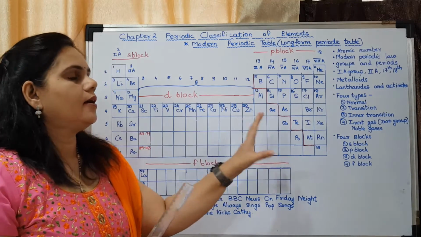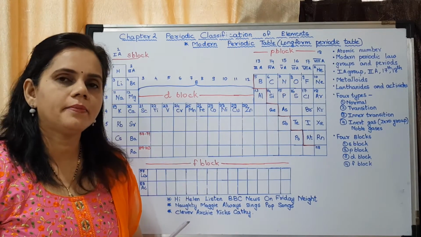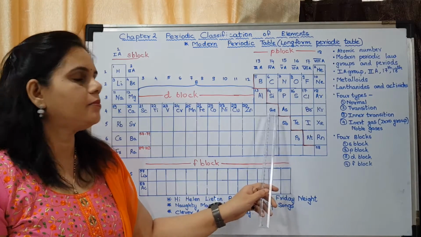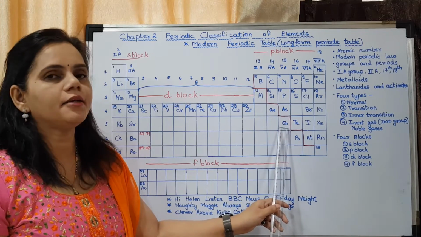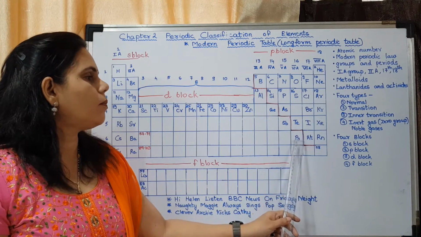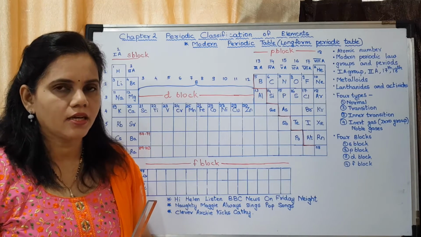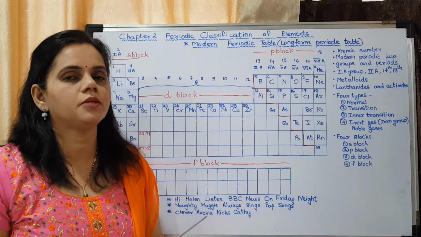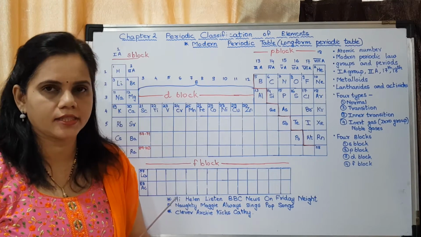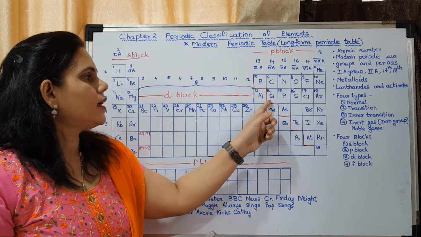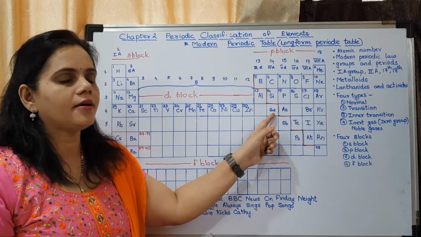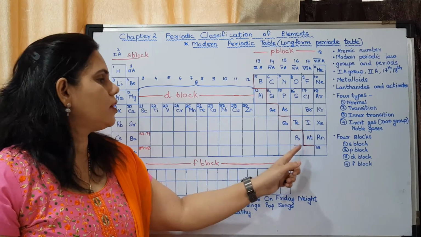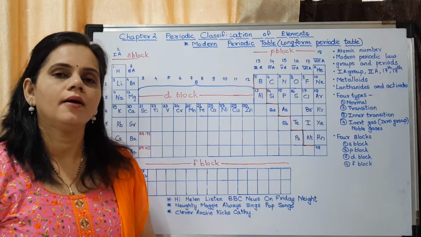So in this periodic table, what are the metalloids? Boron, silicon, germanium, arsenic, antimony, tellurium, polonium. You may learn all these. You should know a minimum of 3 metalloids, the names of 3 metalloids.